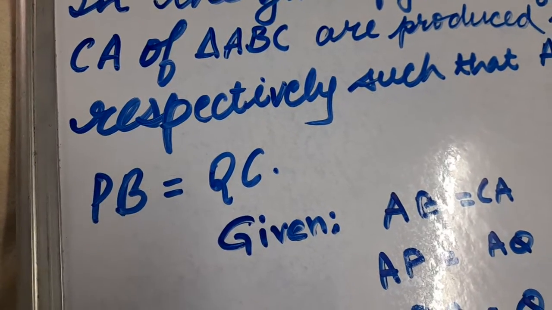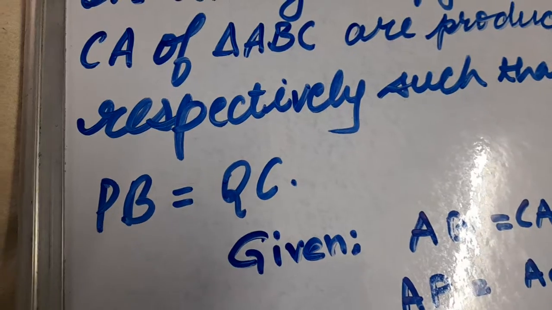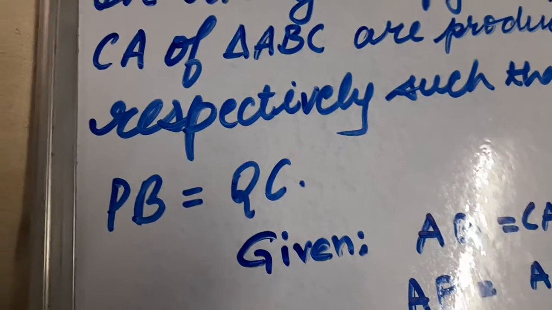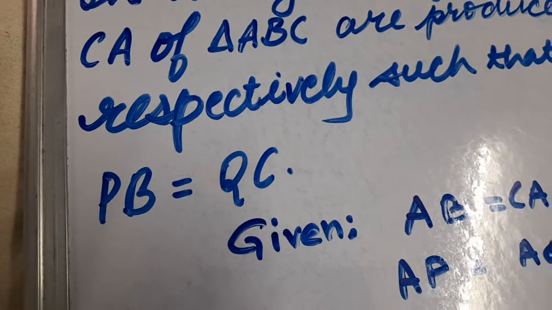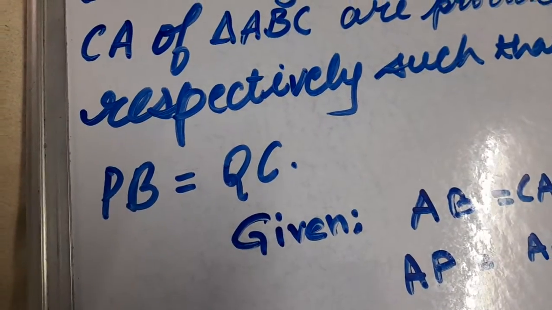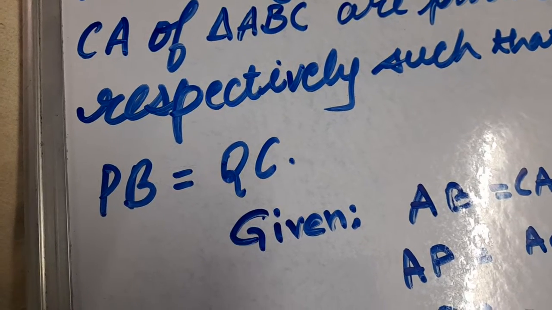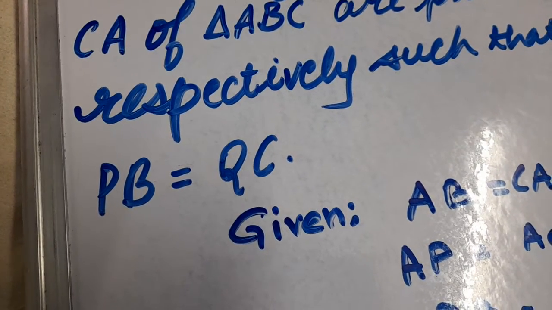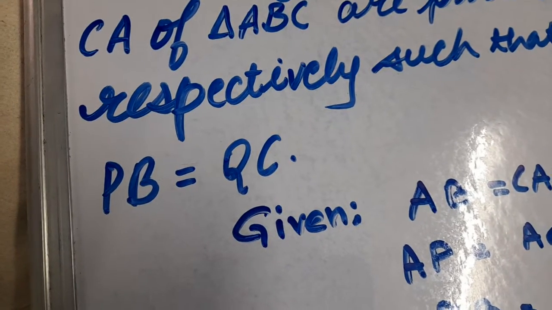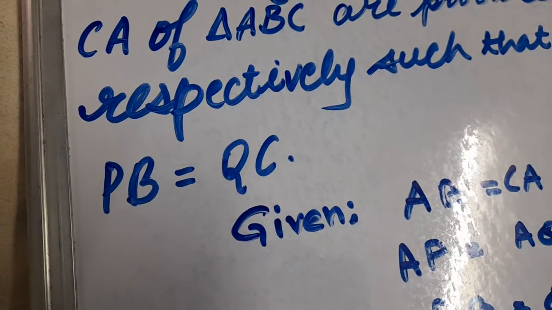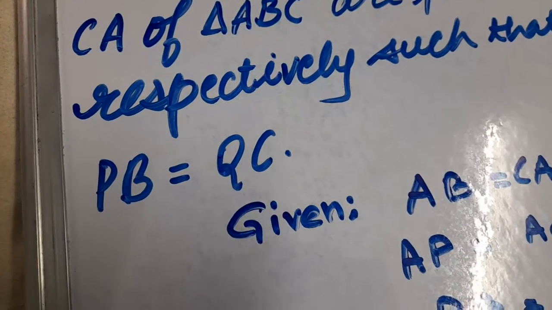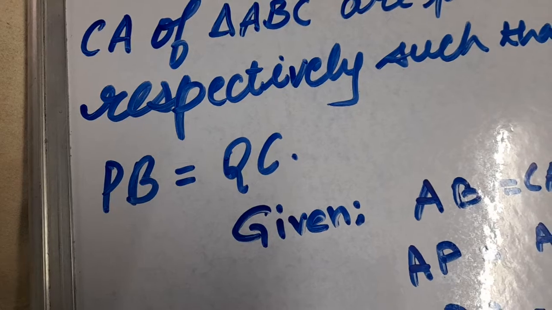And to be congruent, this angle should be equal to this angle. Third, angle PAB is equal to angle QAC. No, it's not given, but it is vertically opposite.